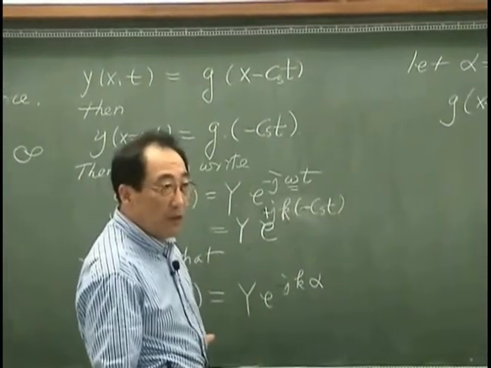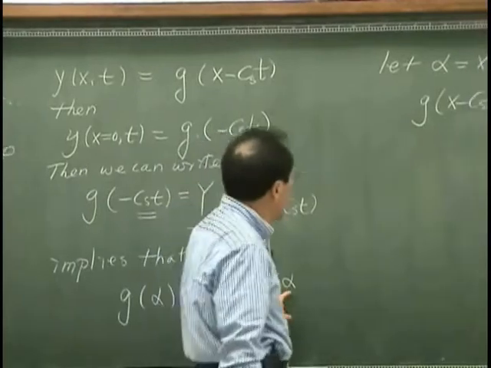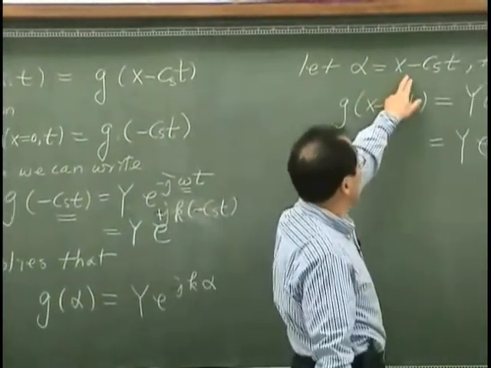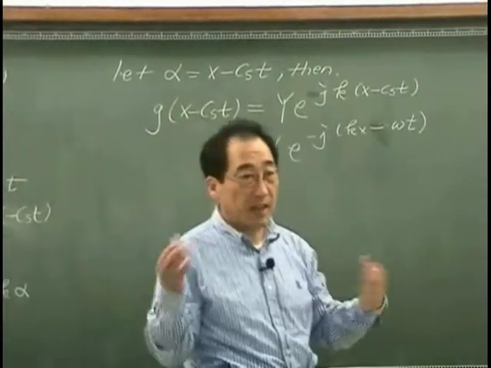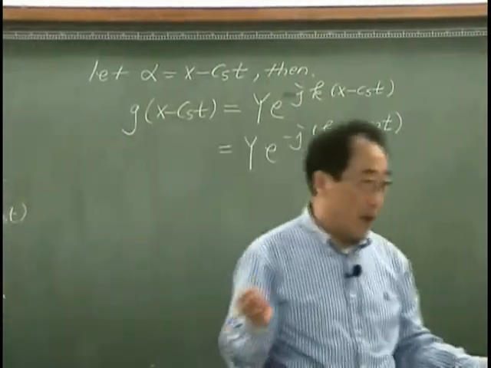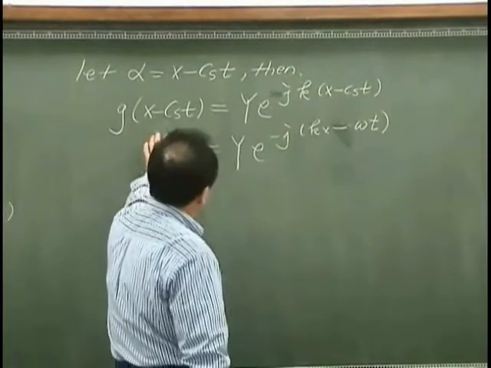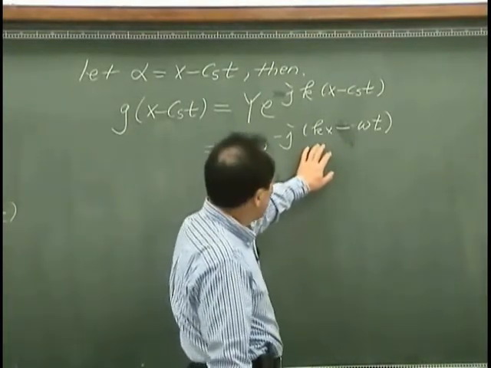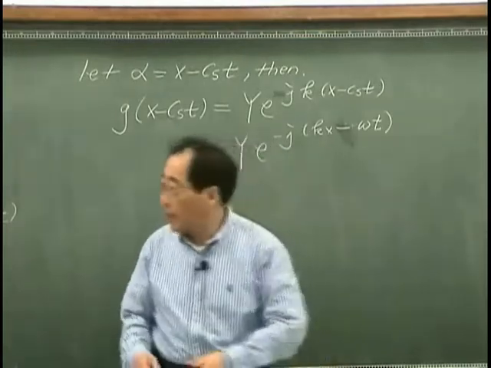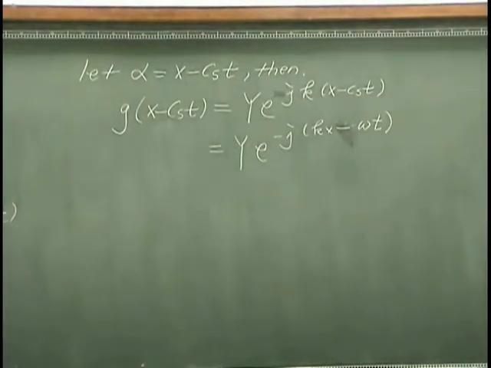The independent variable is alpha, so I put alpha over here to be x minus c_s t without loss of generality, because I can use any alpha. So I have this. Okay, that's the possible wave I can have on this positive x-axis.